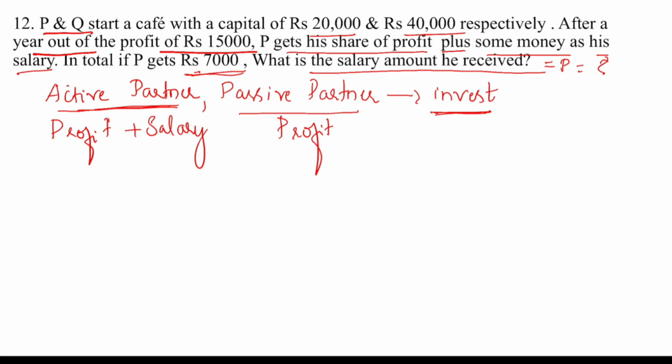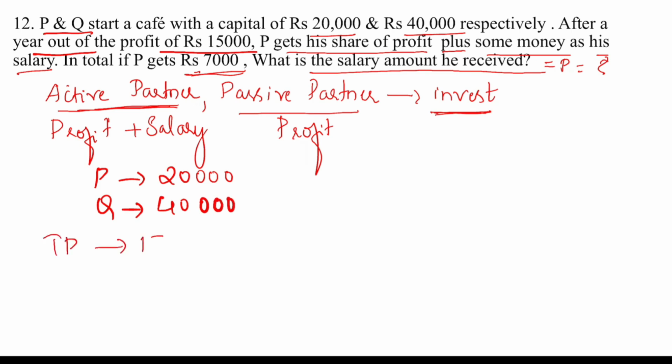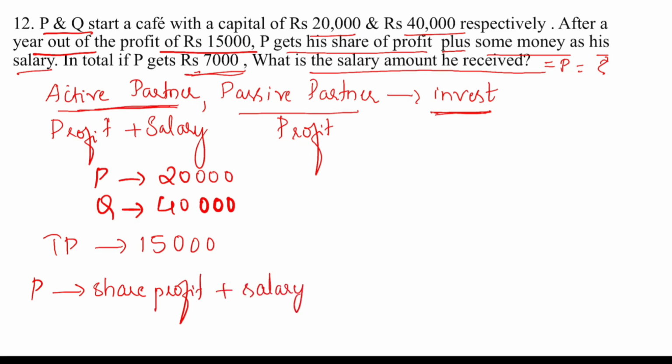P and Q started a cafe. P invested 20,000 and Q invested 40,000. After a year, the total profit they got is 15,000. Then P will get his share of profit plus salary, because this means that he is the active partner.